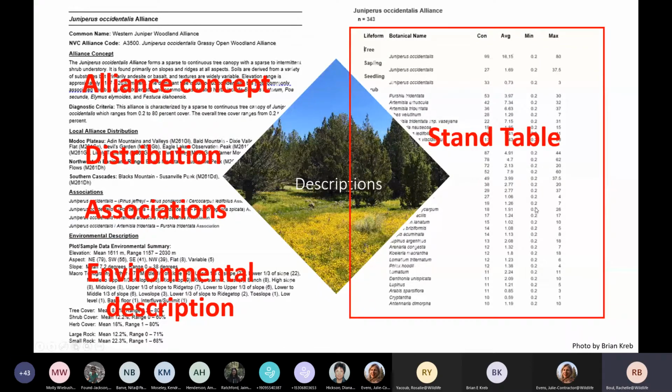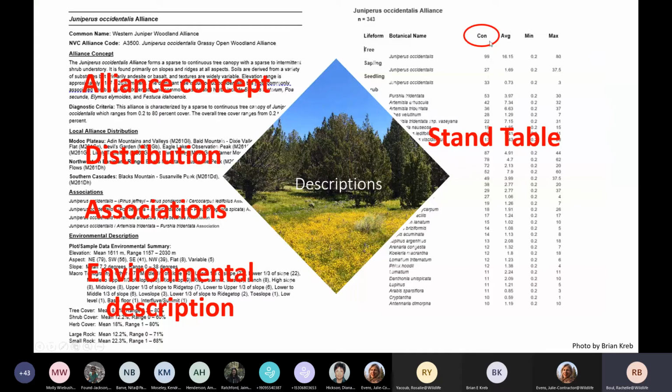The stand table summarizes what species tend to occur in this alliance, the constancy of each species, the average, minimum, and maximum covers for each species. And just to clarify, the constancy right here, CON, at the top, is the percentage of the surveys that a species occurs in for a particular vegetation type.